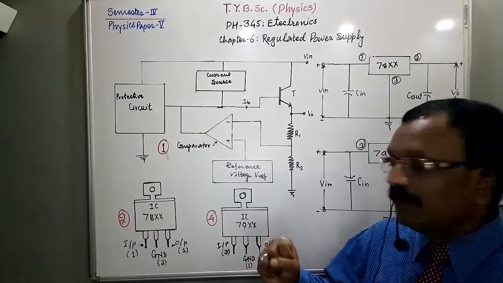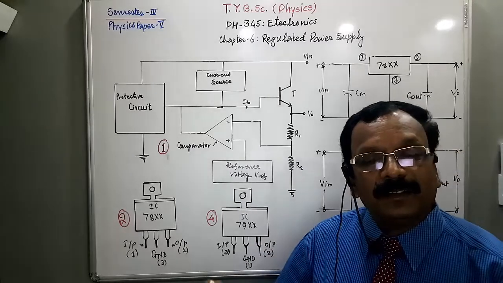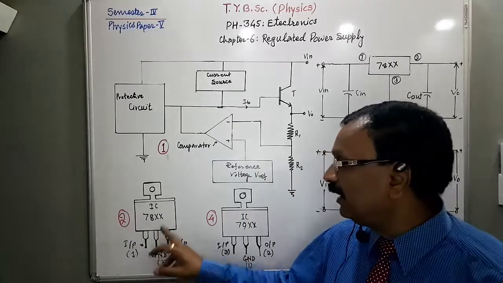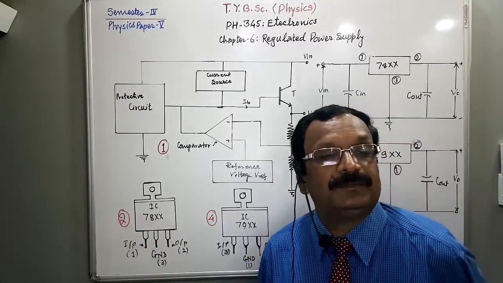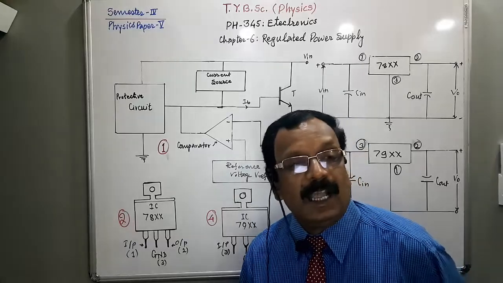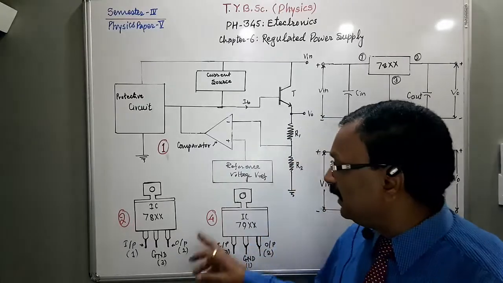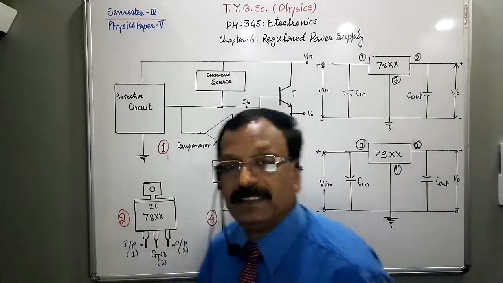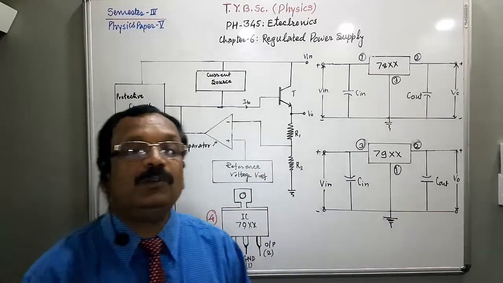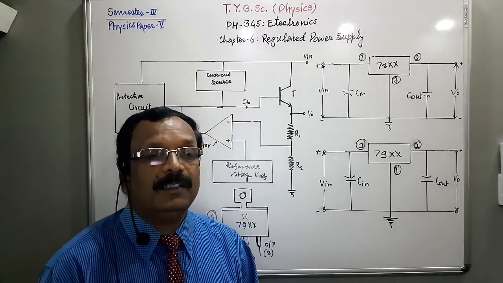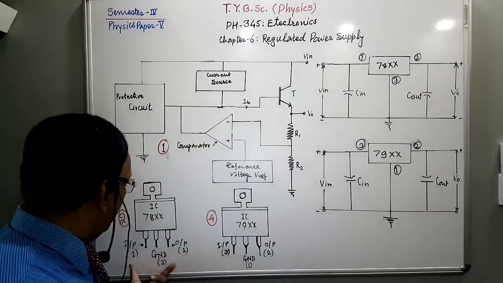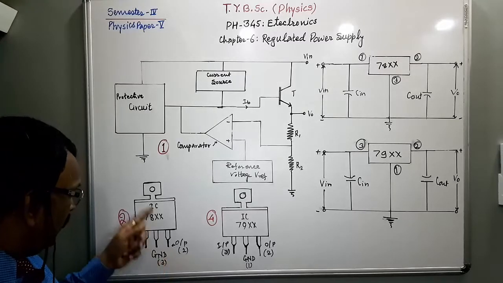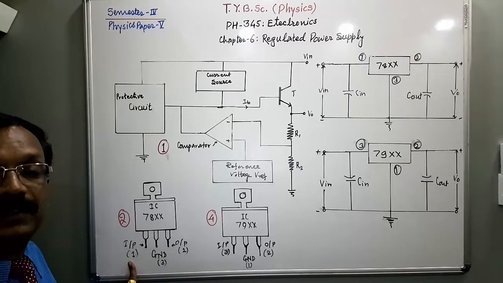Okay. Now we are going to see the function of the ICs one by one. First of all, we are going to see the IC 78 series. The IC 78 series is a positive voltage regulator. It is a three terminal IC. The first terminal toward this side is input, number 1.